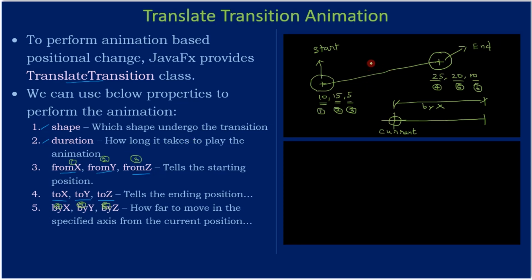So the duration, say for example, if it is 5 seconds, the transition will take place. So the animation will be played continuously and transition will take place in this direction. And it will take 5 seconds to reach the end location. So this is the path in which your animation takes place from start to end location.